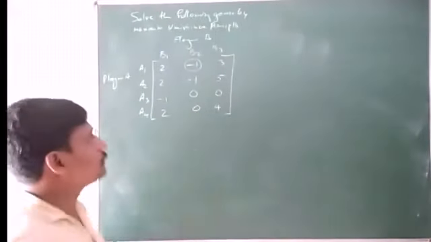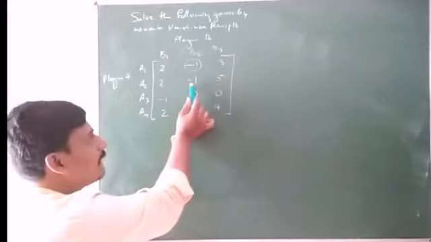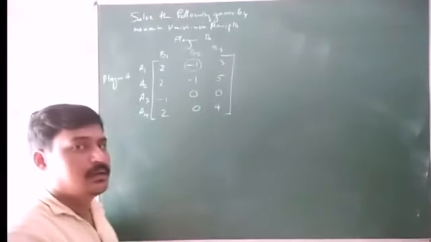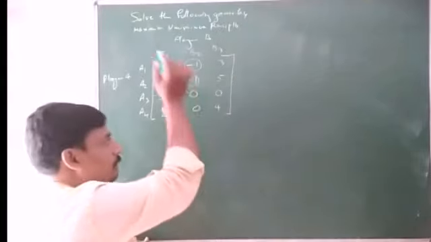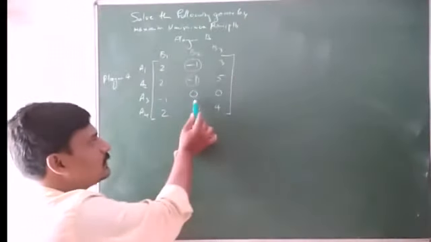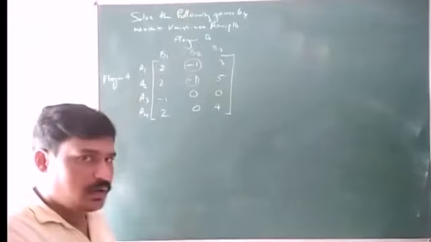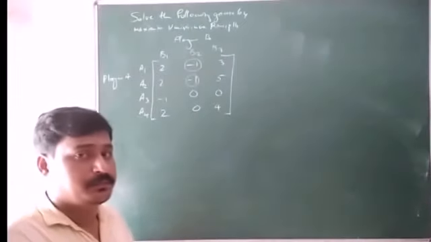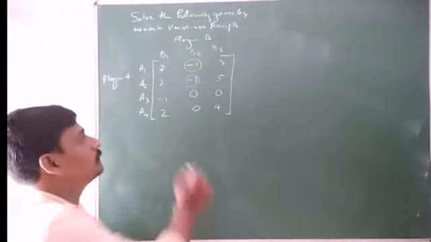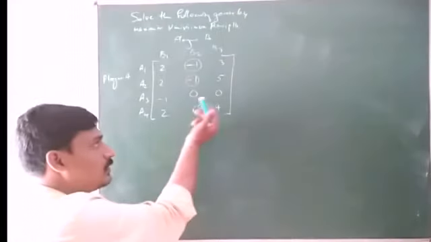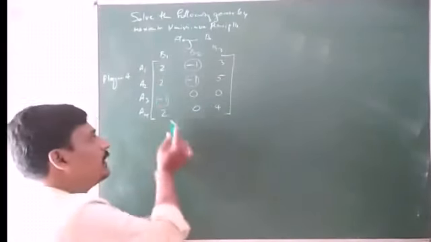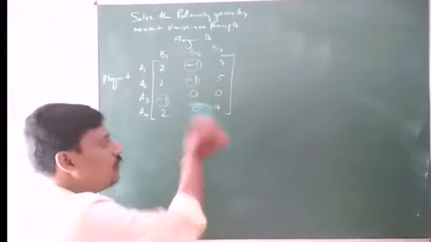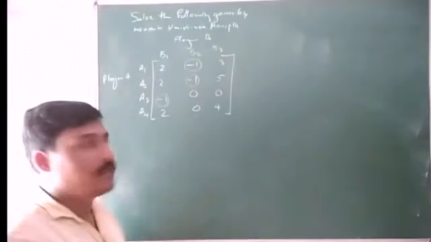Second, 2, -1, 5. Again the row minimum is -1. Next, -1, 0, 0. The row minimum is -1 itself. And 2, 0, 4. So the minimum value is 0.